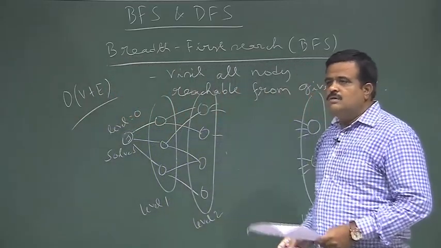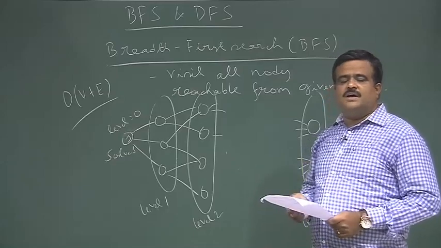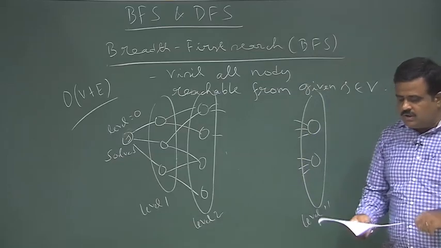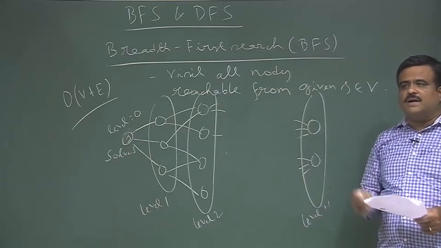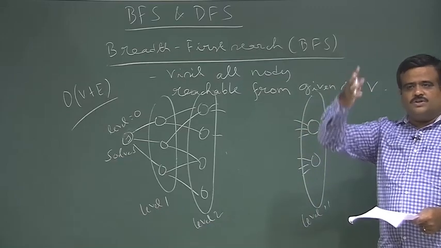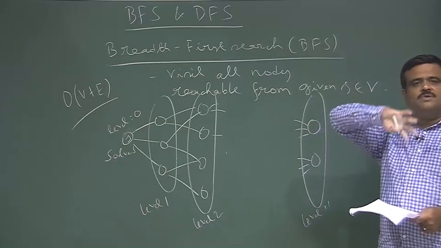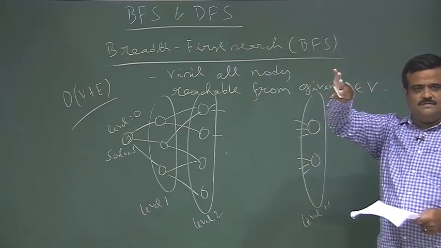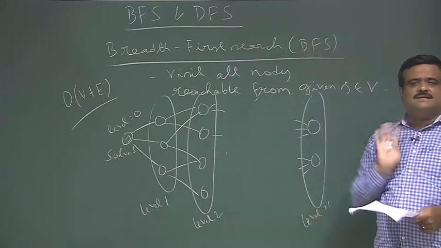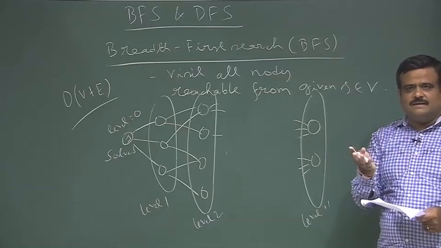Basically we look at all the vertices reachable from S, and we look at the adjacency list of each vertex. If we start from S, we first look at the adjacency list of S, and all vertices adjacent to S are assigned level 1, since S is level 0.